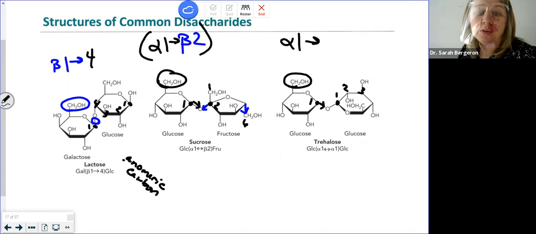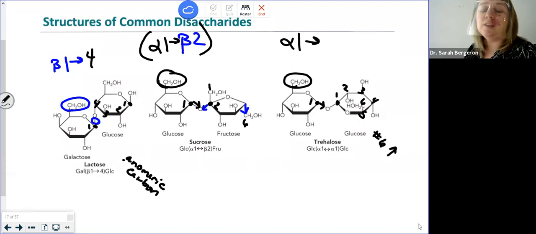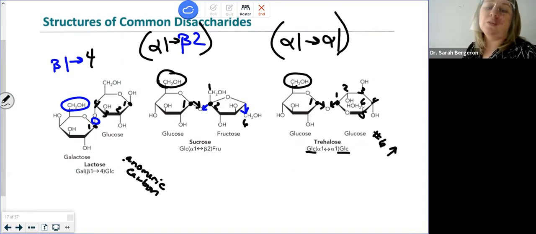So 2, 3, 4, 5, 6. 6 is outside of the ring and going what? Number 6 is going up. So if 6 is going up and my bond is going down, I am alpha. And what carbon number is participating? 1. So this is glucose and glucose, which there are specific abbreviations for. Glucose is GLC. But it's a glucose to glucose, alpha 1 glycosidic bond.